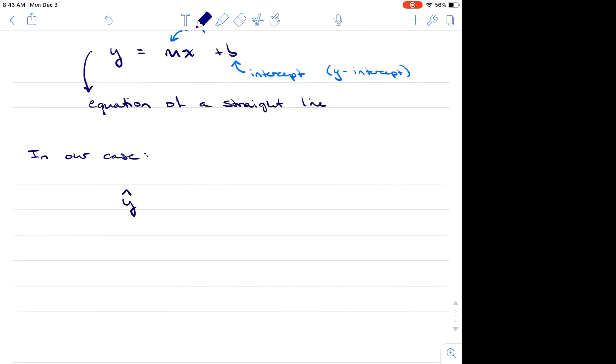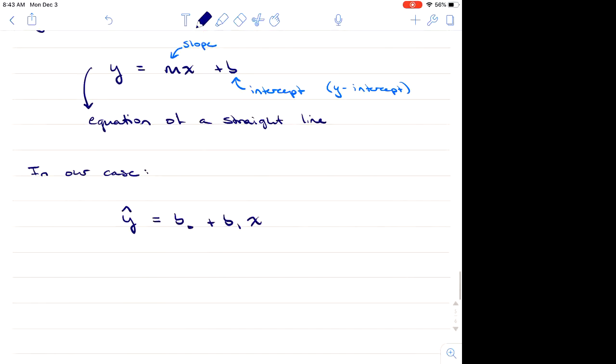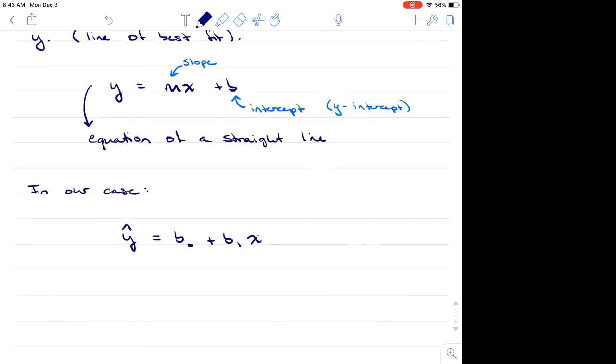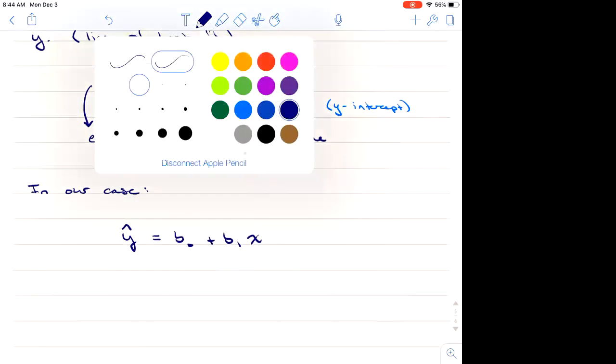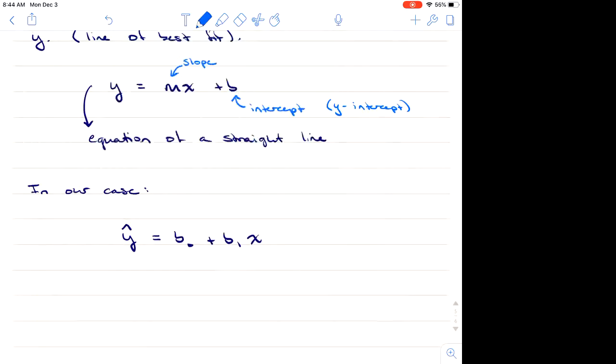So I'll jot that down in a second here, but we have y hat is b sub 0 plus b sub 1 times x. But if you squint, you can probably convince yourself that this has the same form as y equals mx plus b. We've just got this slightly more grown-up notation, b sub 0, b sub 1.